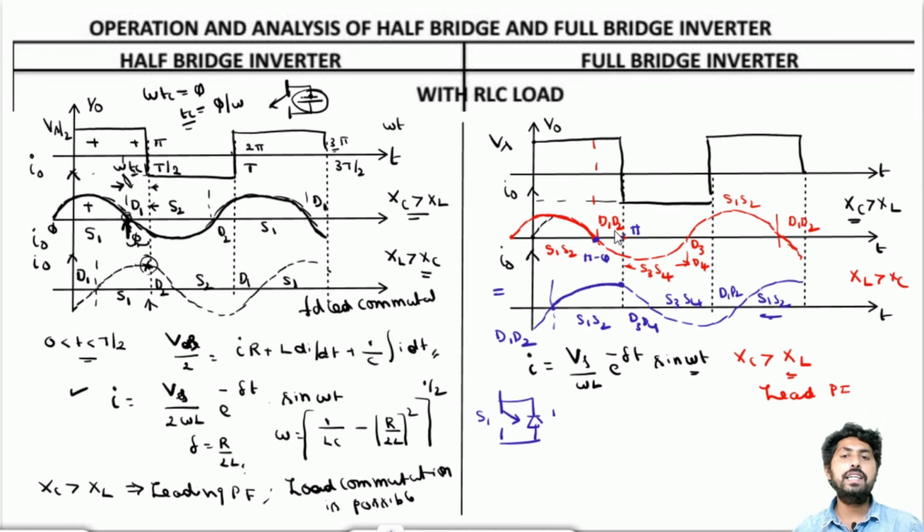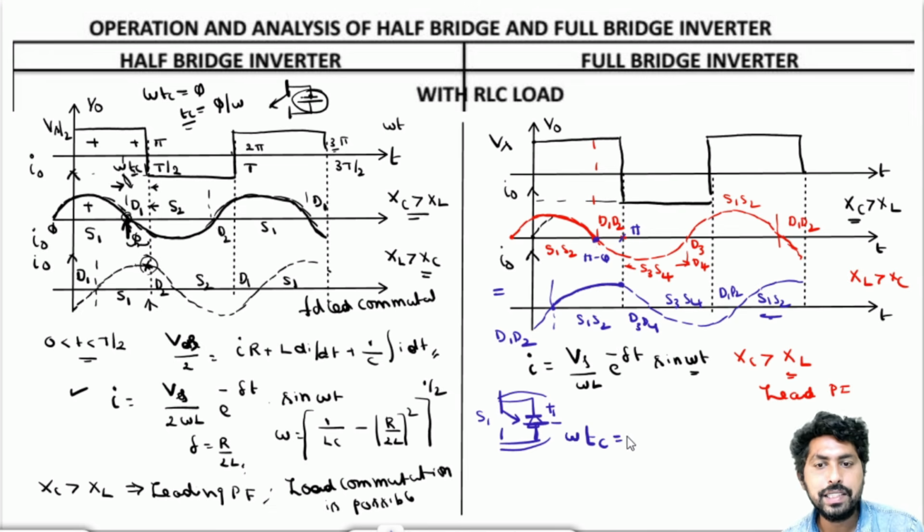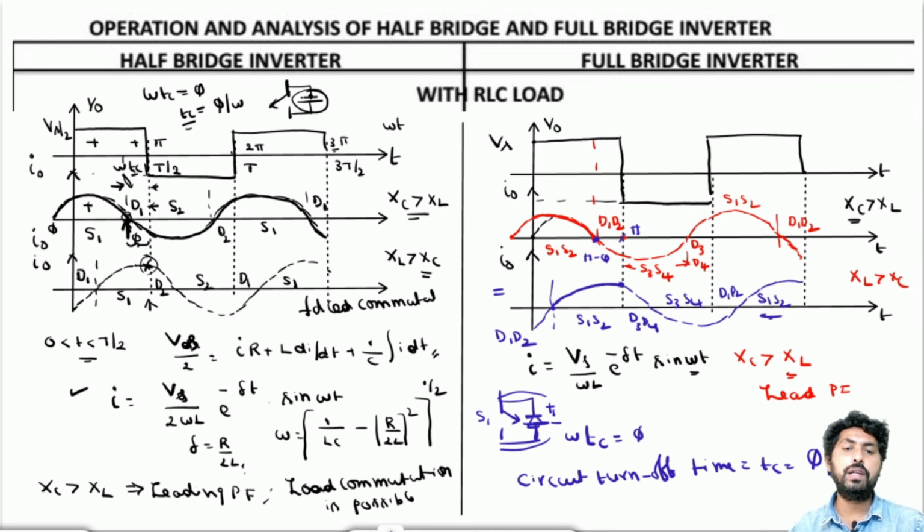The diode is conducting, so the diode forward voltage drop will reverse bias the switch here, so that after turn off the switch is also maintaining some reverse voltage, which is called the circuit turn off time. So omega Tc equal to pi, and the circuit turn off time Tc is equal to pi by omega. In both cases it will be pi by omega.